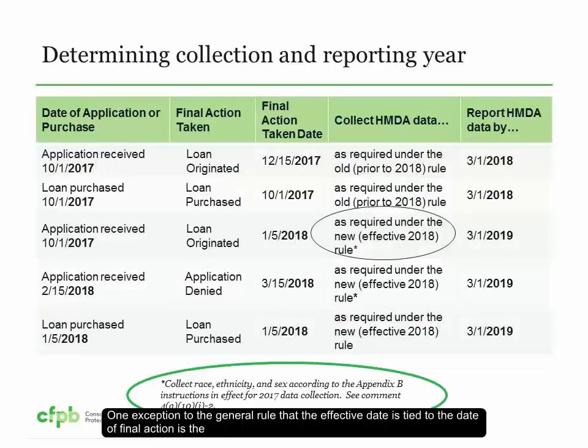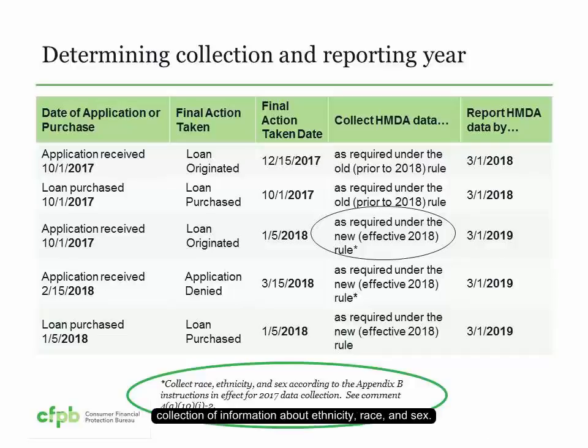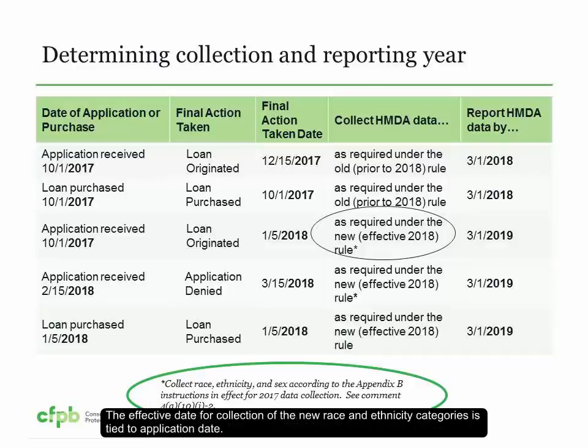One exception to the general rule that the effective date is tied to the date of final action is the collection of information about ethnicity, race, and sex. The effective date for collection of the new race and ethnicity categories is tied to the application date.